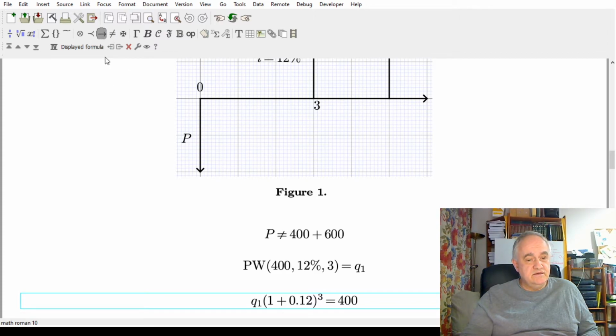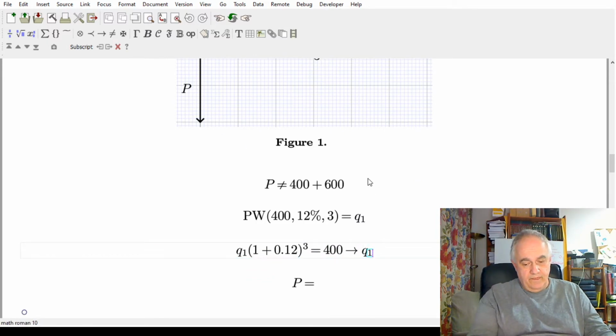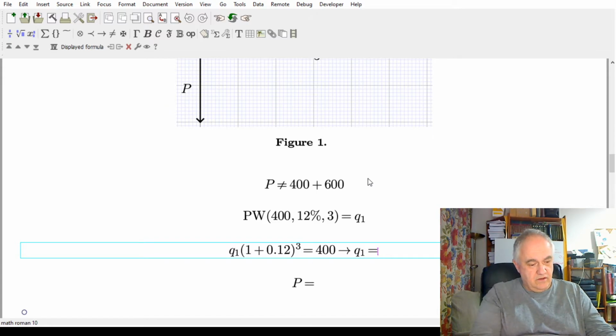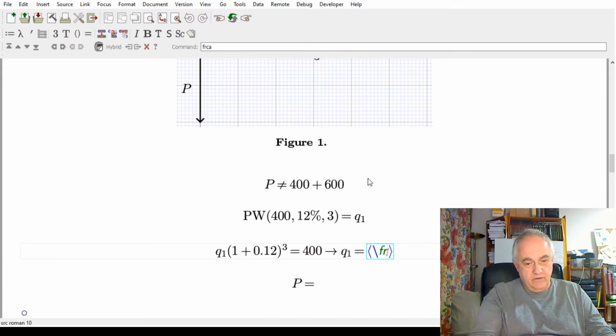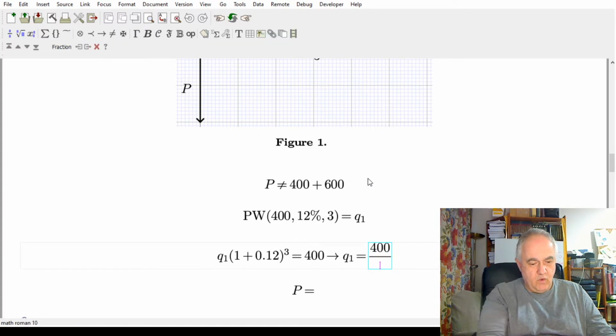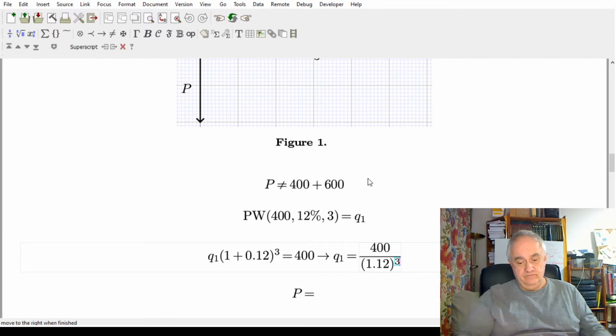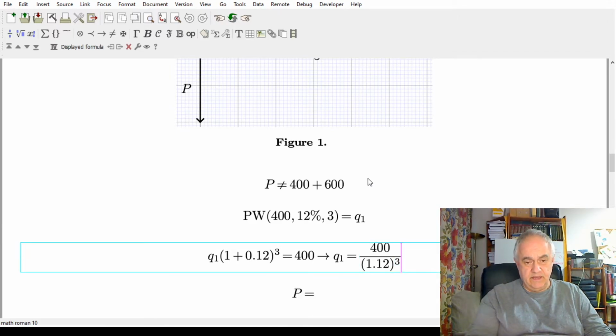How do we get it? Q1 is equal to 400 divided by 1.12 to the power of 3. And this can be calculated easily.